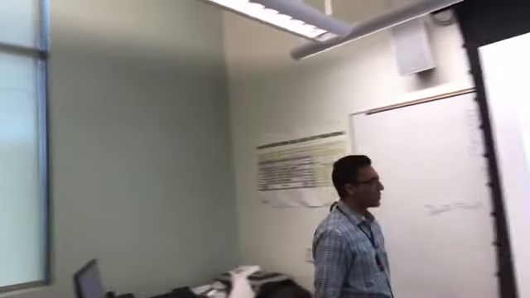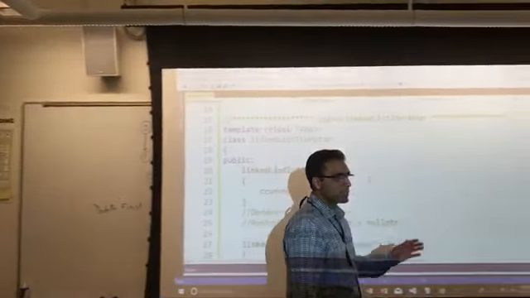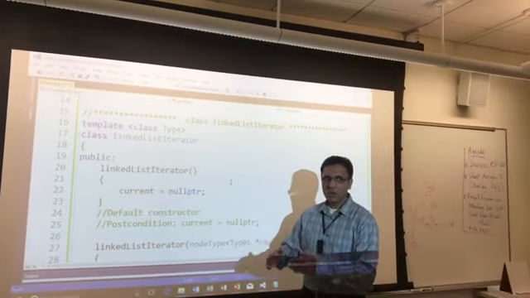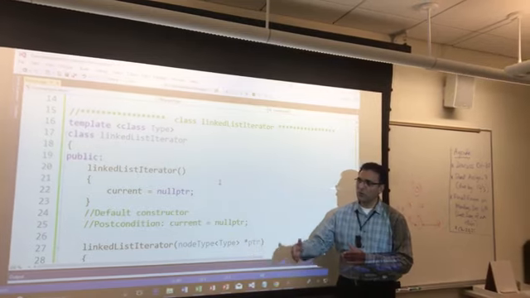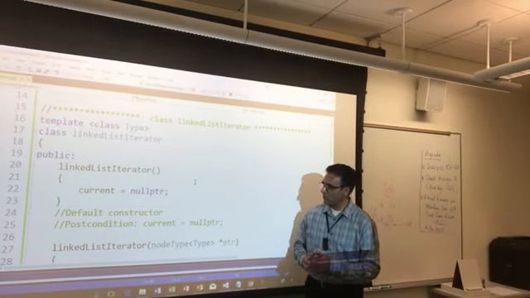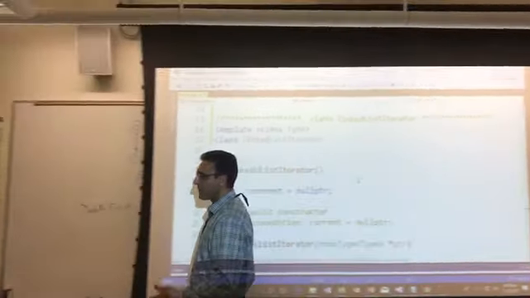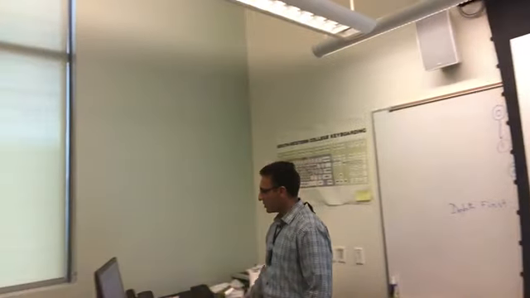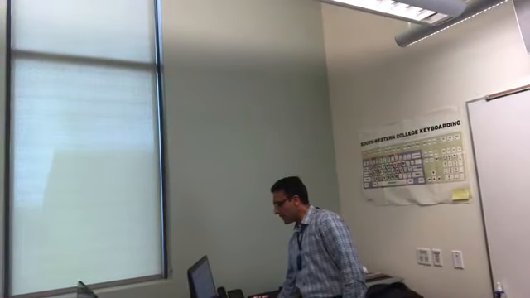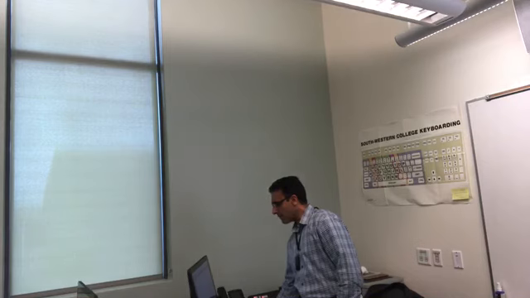This allows me to access from one node to the next node to the next node and so on. We have discussed this one in the past. It only allows you to cycle through your linked list.